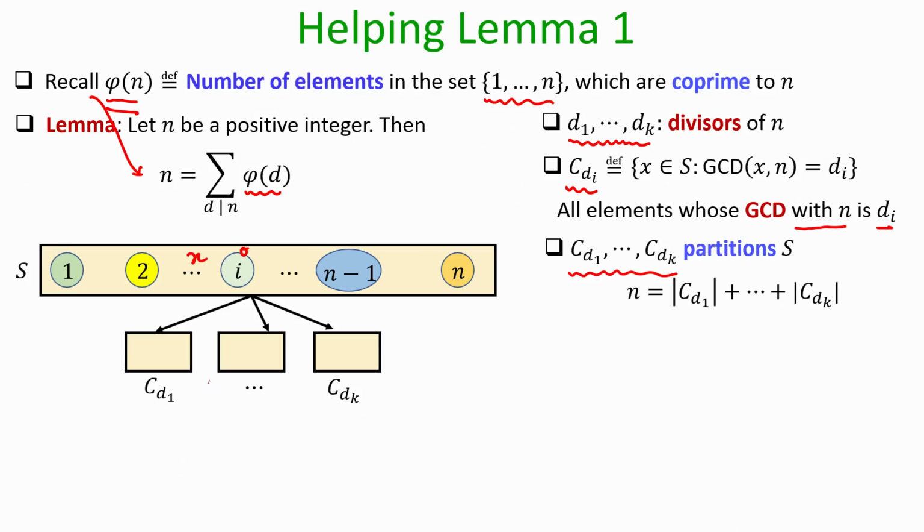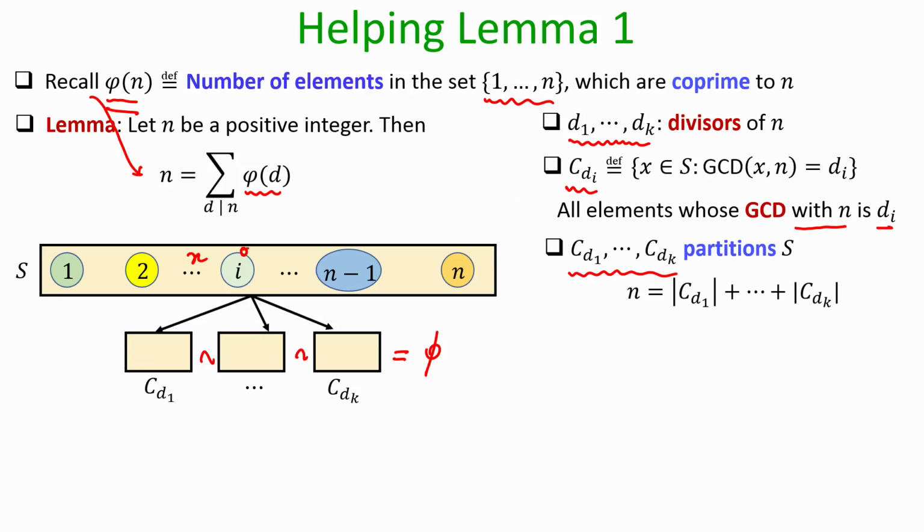It is easy to see that the pairwise intersection of these sets is empty, because you can't have a number x whose GCD with n is both di as well as dj. That trivially shows that the intersection of these collections C sub d1, C sub d2 and C sub dk is empty.